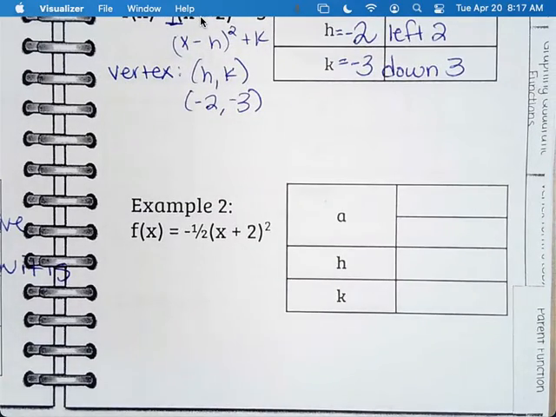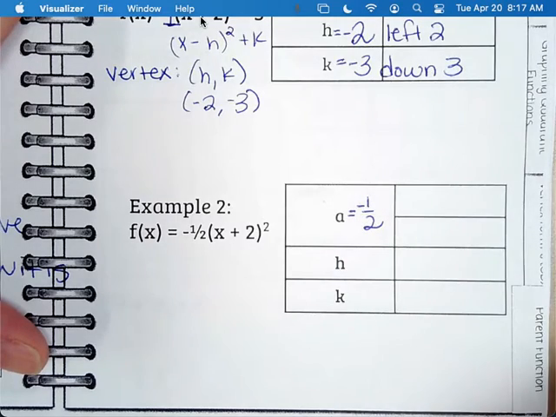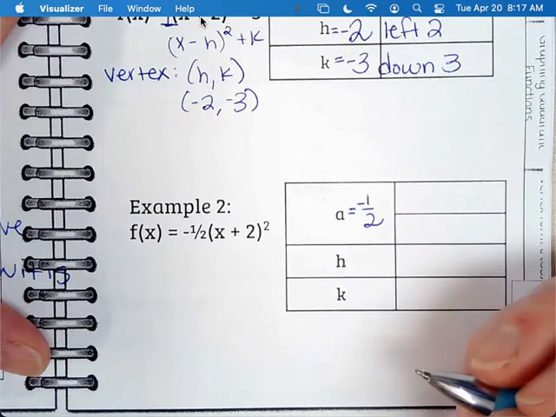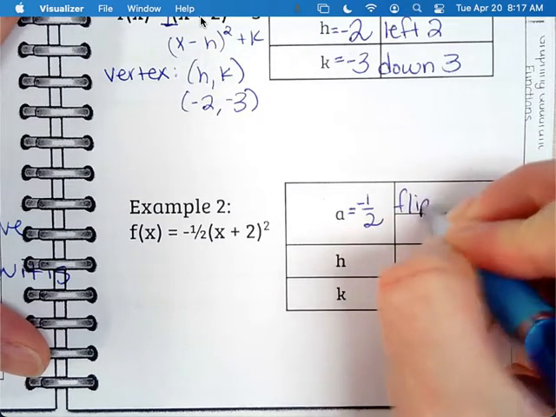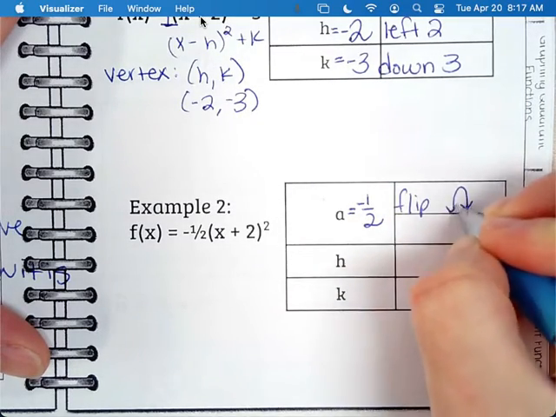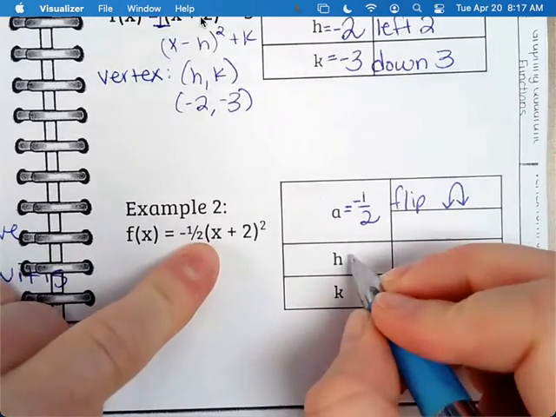What's the a value? -1/2. What's going to happen to our function because it's negative? Yep, it's going to flip. So I'm going to put flip, and then you can just draw it if you want. And what do you think the 1/2 is going to do? Is it going to make it wider or narrower? Narrower, you think? Okay, wider. So we really need to look at it. Let's write what the h is.